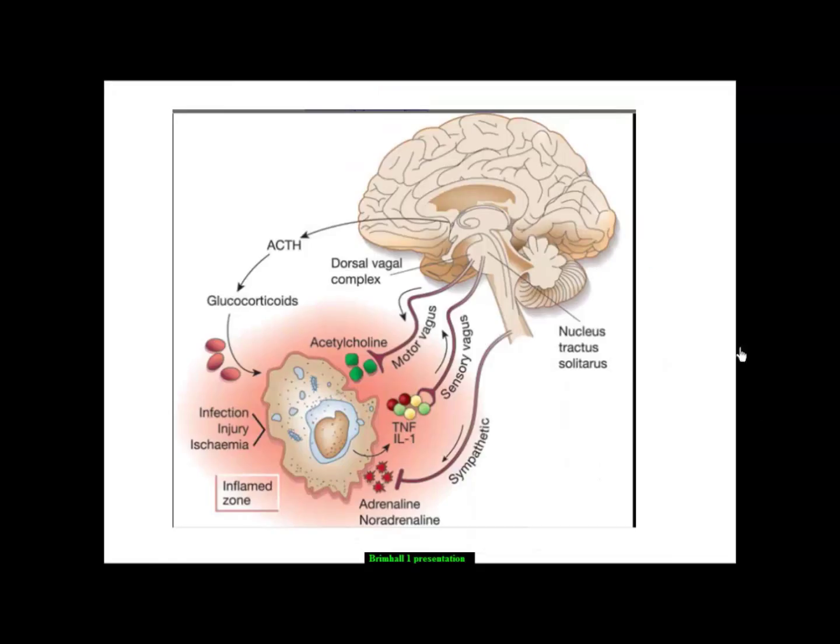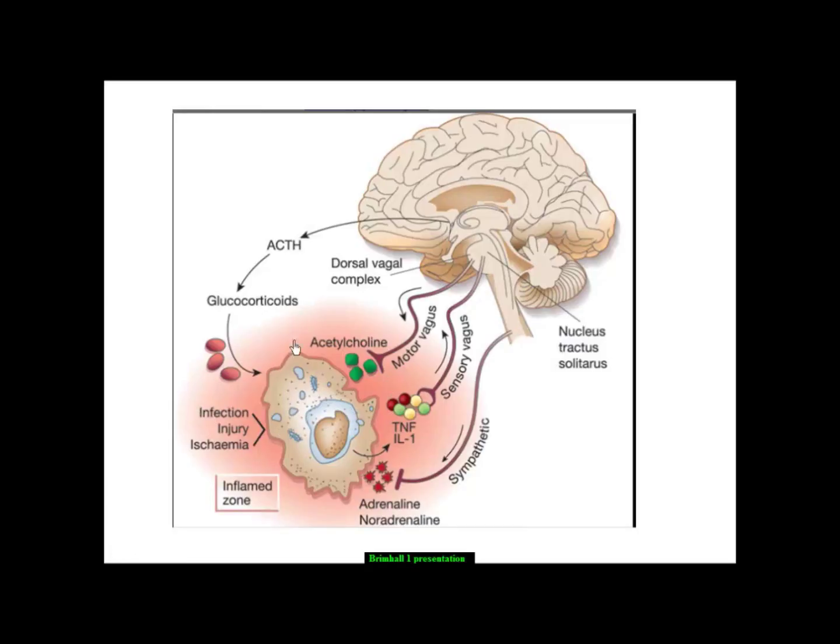And again, here it is. So here's a macrophage. Okay, and what happens is if we have an infection, we have an injury or ischemia, we're going to bring in these macrophages, and they're going to release certain cytokines in the body that could cause inflammation and tissue damage if they're not regulated properly, if they're in abundance.